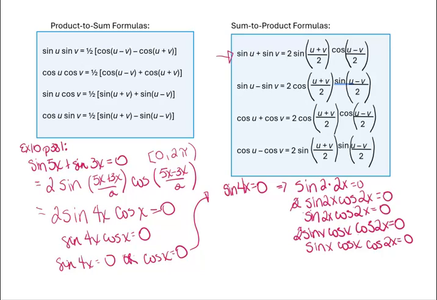And I can set each one of these equal to 0, because they are each factors. So sine x equals 0, cosine of x equals 0, and then the cosine of 2x equals 0.